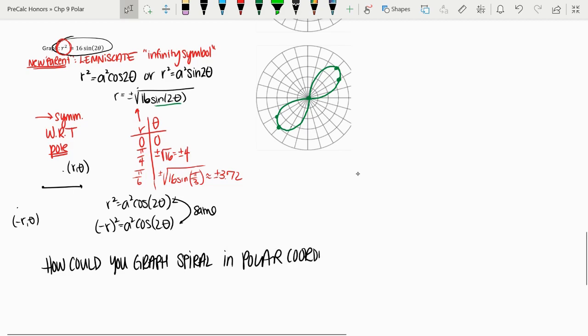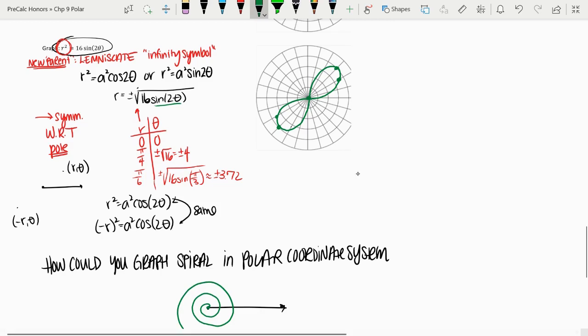So maybe do a little playing around. This is in our book as one of our classic polar curves. And by a spiral, I mean we start at 0, right? And then our radius just keeps increasing at this linear rate is my hint for you. So maybe do a little Googling or research and see how that would come up.